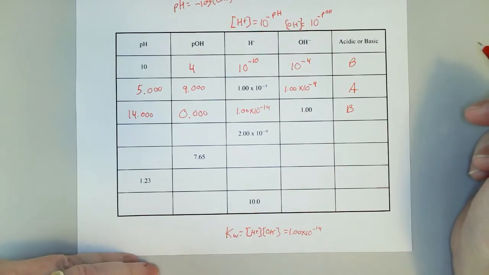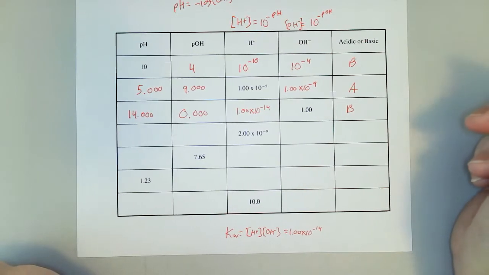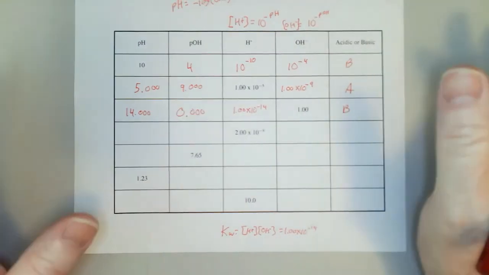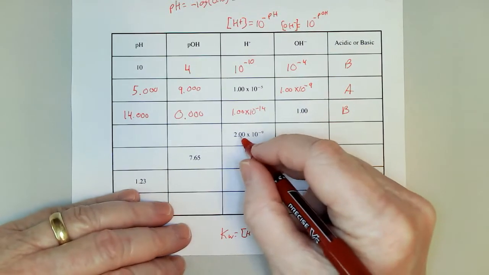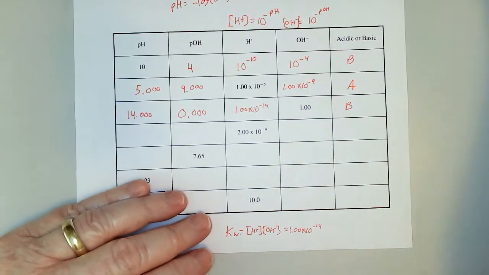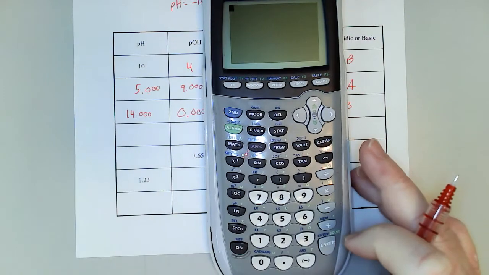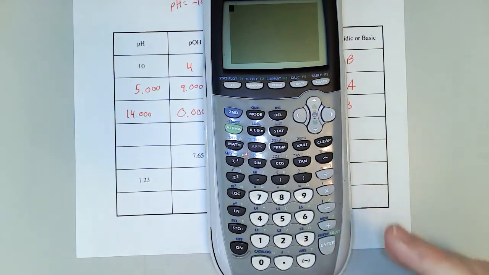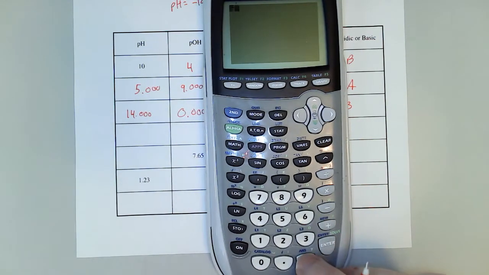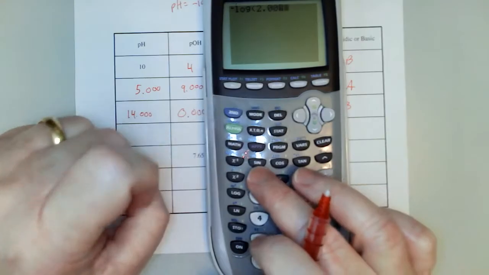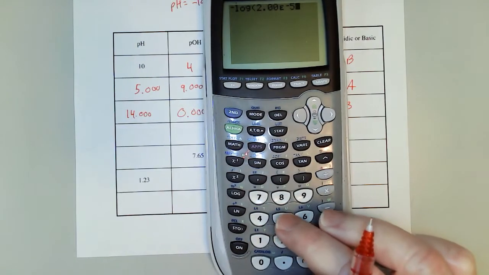All right? Now, that's just great for powers of 10. What if we actually have something up front here? So, go back to my calculator. I'm going to turn over here, just look at the screen, make sure you can see it. So, negative log 2.00, second, EE, negative 5.